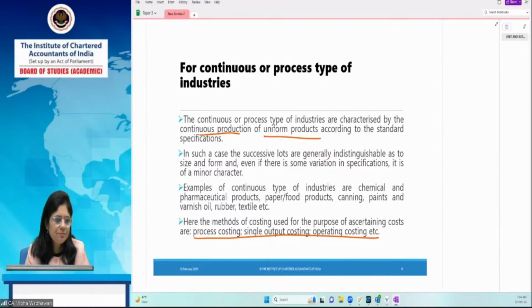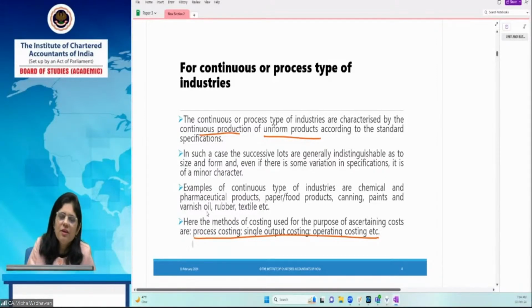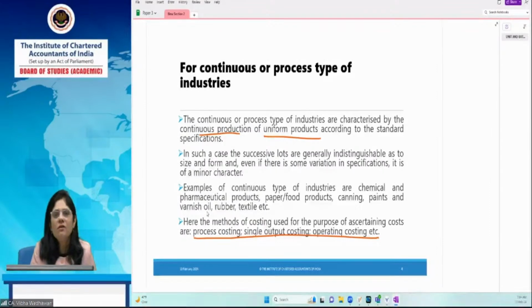Factory and industry are not the same. Let us say I am in the paper industry. In the paper industry, there will be 100 factories, but I have my own factory. So a factory is always part of the industry. Industry is an umbrella category.